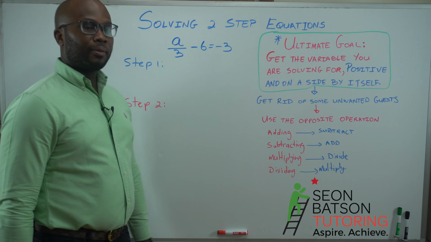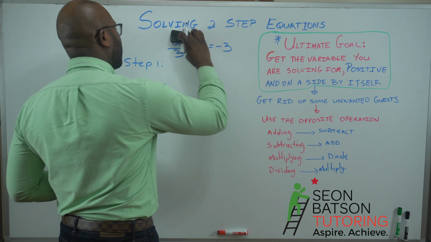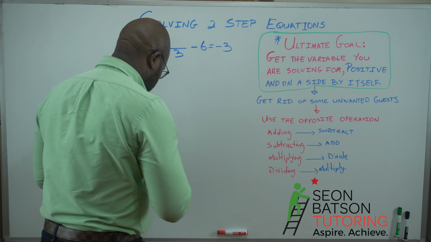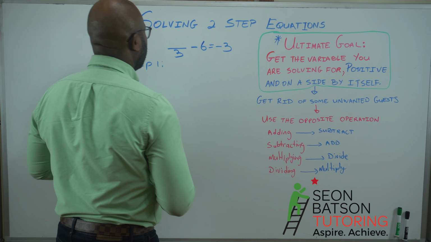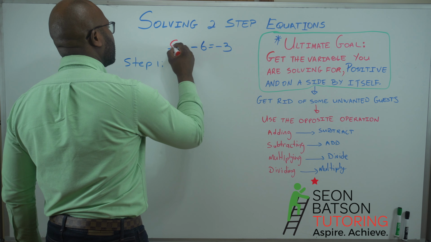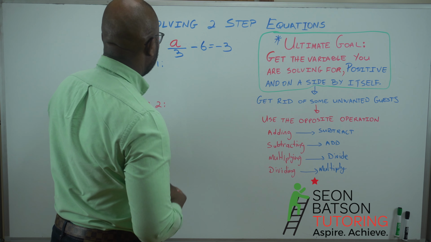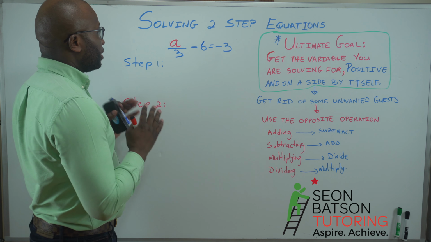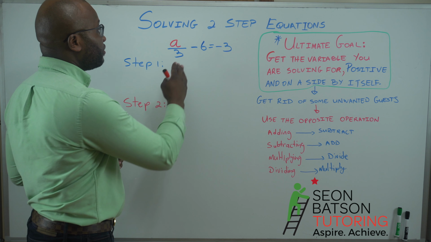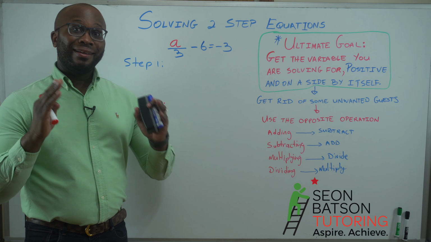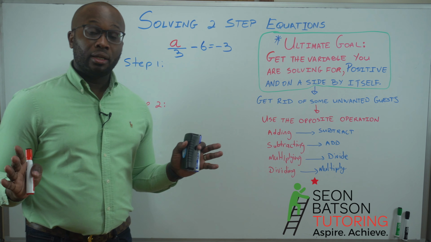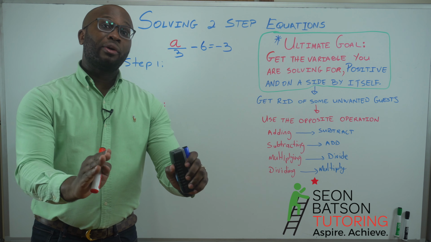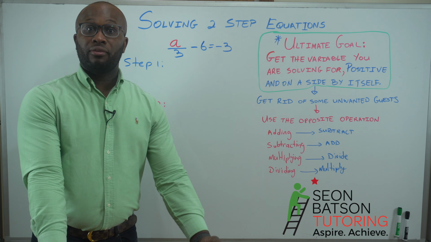Look at this one right here. Let me put the variable in a different ink, just to be a little more artistic. All right, so in this equation, the variable again is on the left side. Don't forget, our ultimate goal is to get the variable positive and by itself.